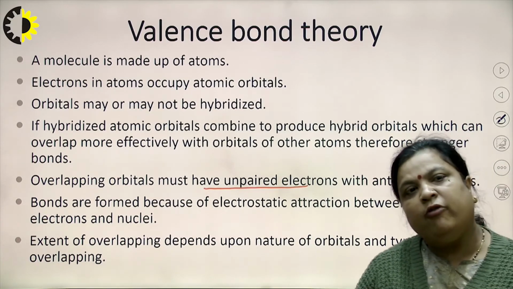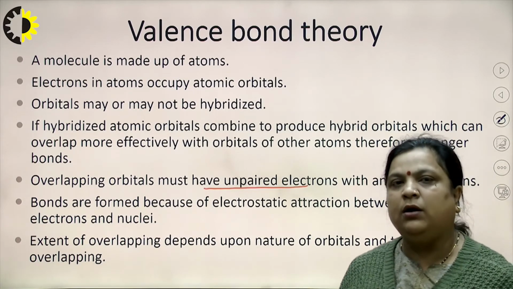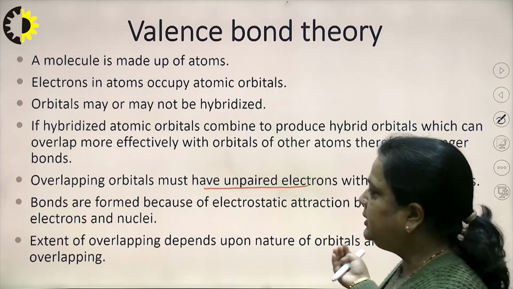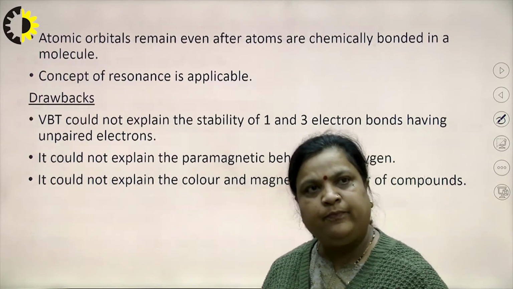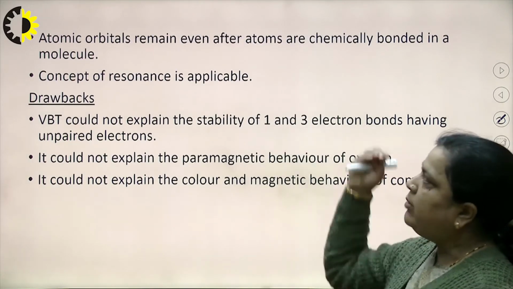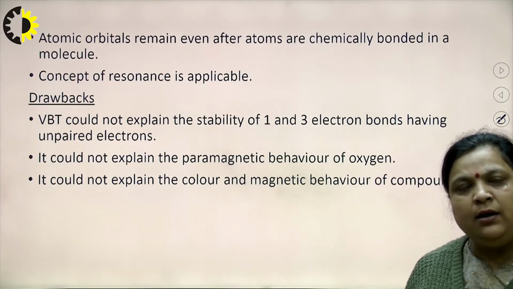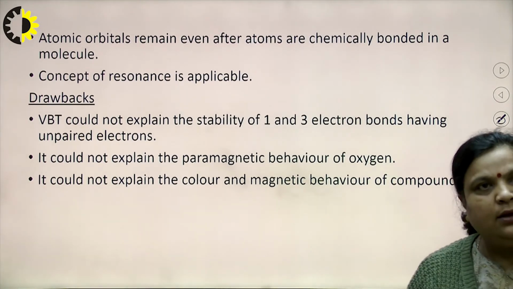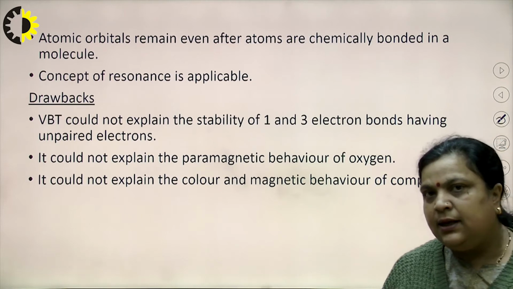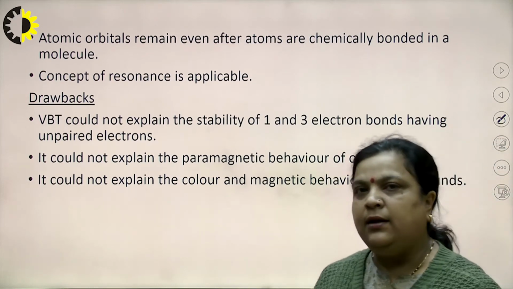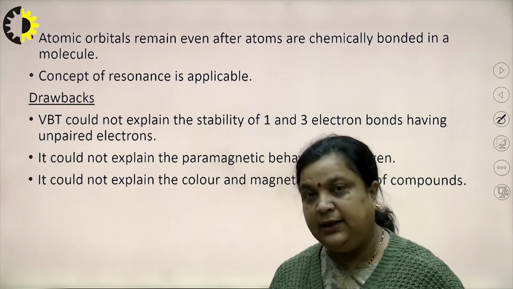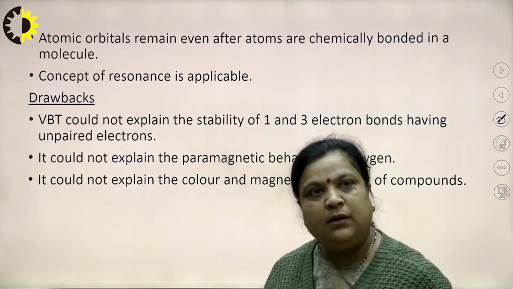The extent of overlapping depends on the nature of the bond, whether single, double or triple, and the type of overlapping. The atomic orbitals remain even after atoms are chemically bonded in a molecule. That is, after combining, the atomic orbitals do not lose their identity as per the VBT concept.